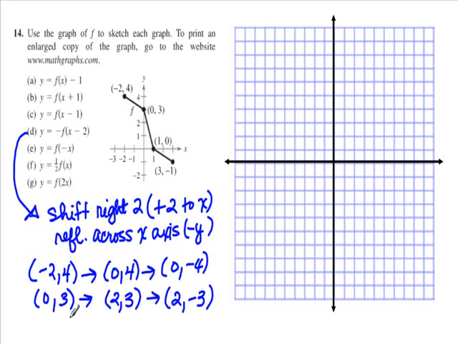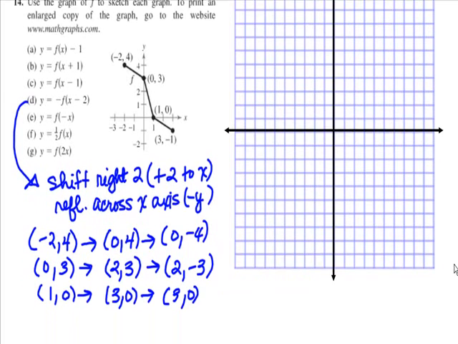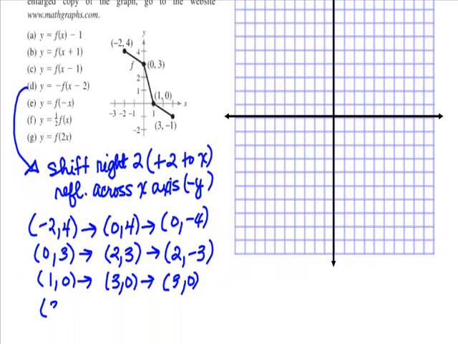Everybody follow what I'm doing there? (1, 0) takes me to (3, 0), and reflected stays at (3, 0), since the opposite of 0 is 0. And lastly, the point (3, -1), moving right by 2 would be (5, -1), and then reflected would become (5, 1).